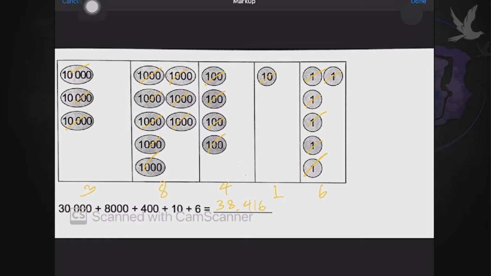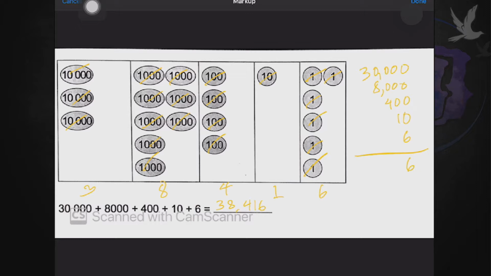But just to show you, if you can see that number there, these numbers are somehow broken down. So let's try to get those numbers. We have 30,000 and align them according to their place value. You have 8,000. You have 400. You have 10 and you have 6. And if you're gonna add them according to their place value, this will end up having 6 for the ones.